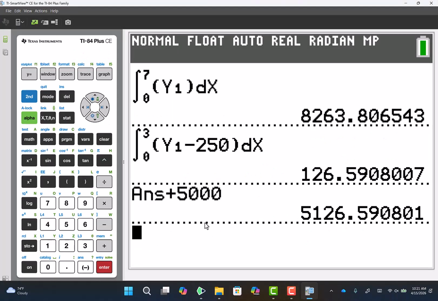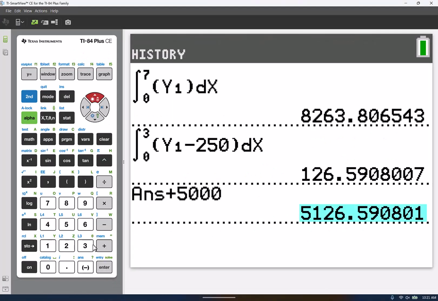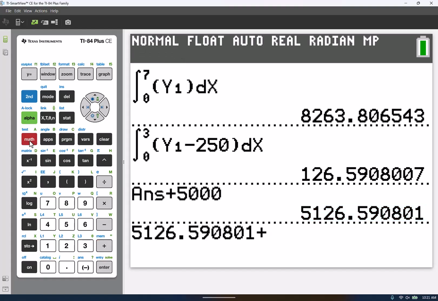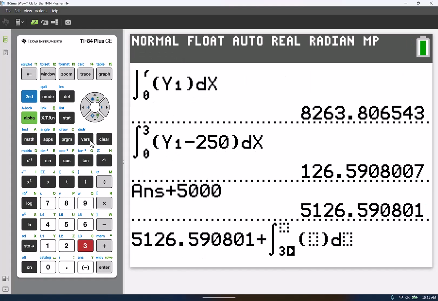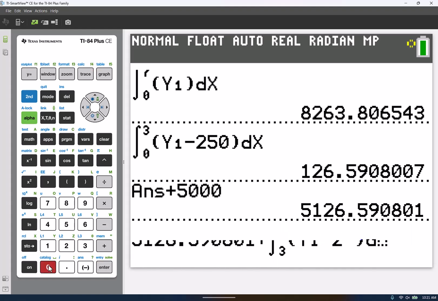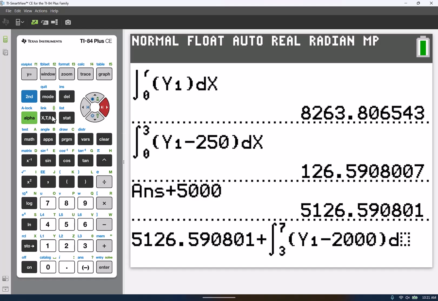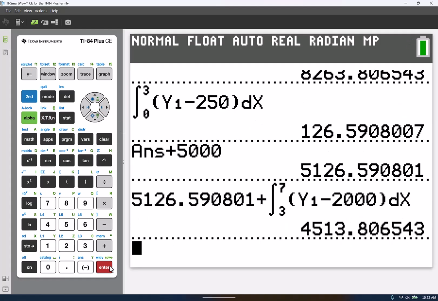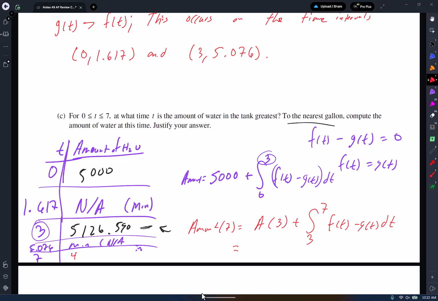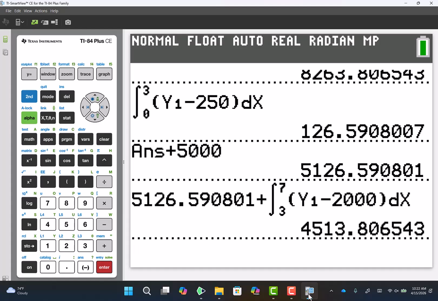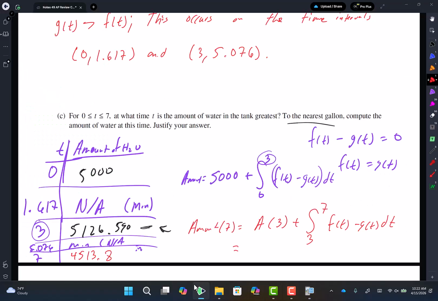I'm going to go math, click that one right there, enter, and then go plus math 9 from 3 to 7, and type in alpha trace y1 minus 2,000, put x, and let's see what we get. 4,513.806, on mine, because I haven't rounded it yet.